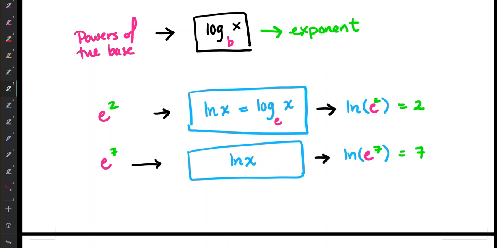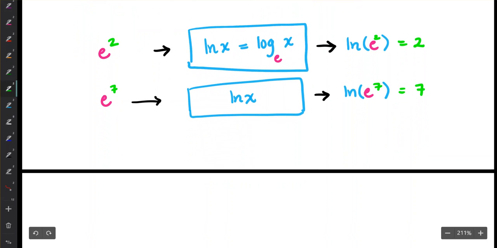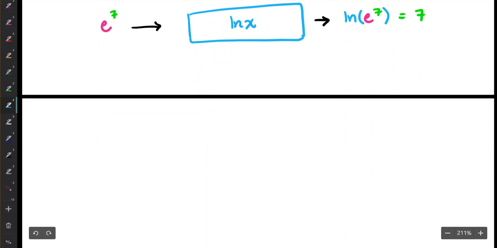All right, so let's now evaluate a bunch of natural log expressions. So how about ln of 1? Oh, what is 1? 1 is e to the 0.